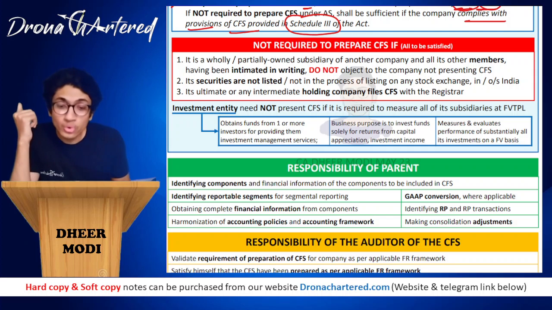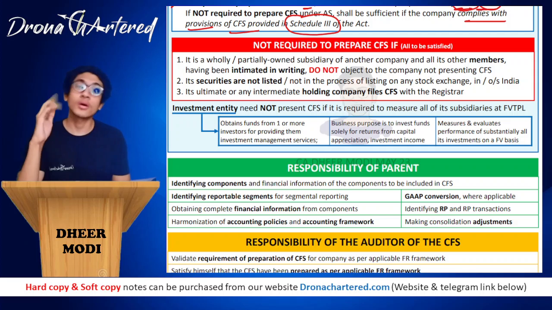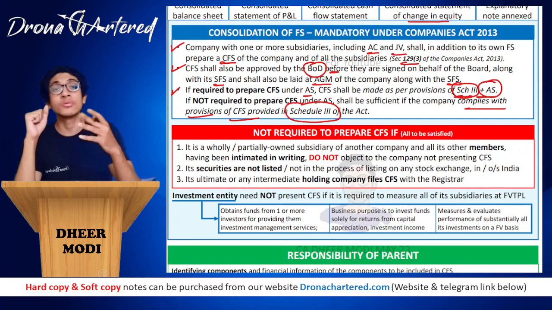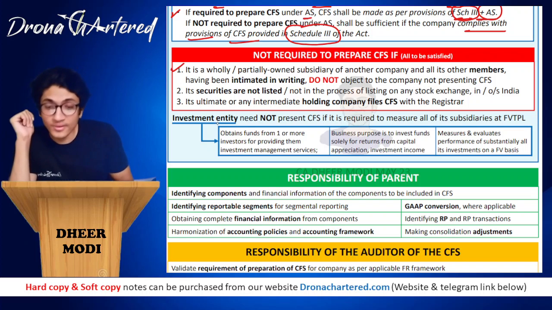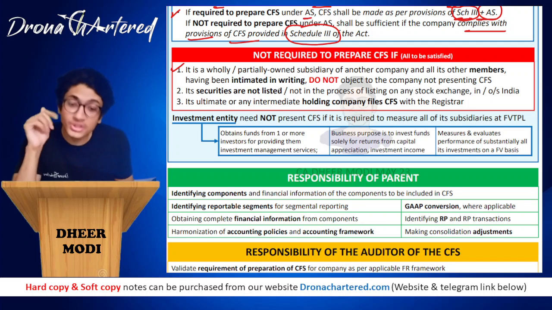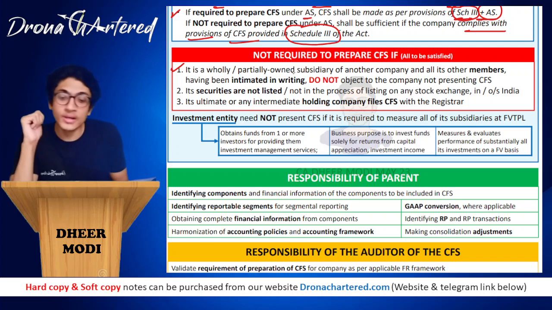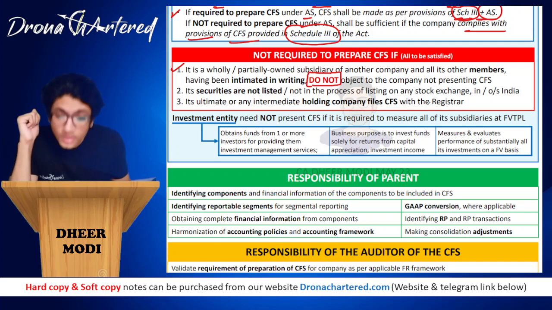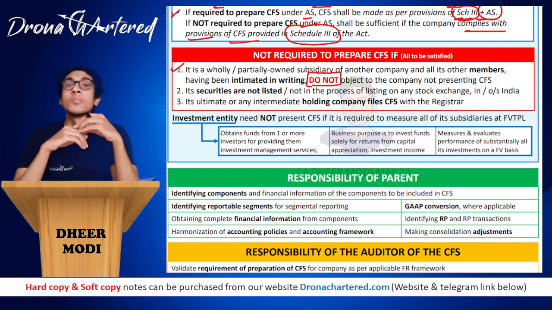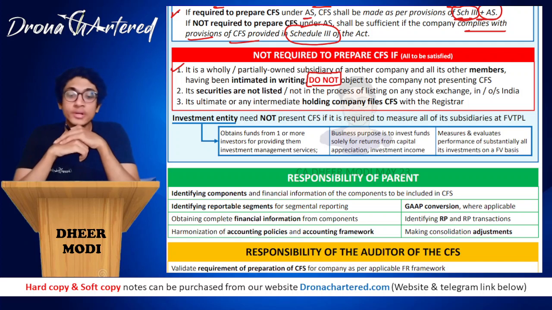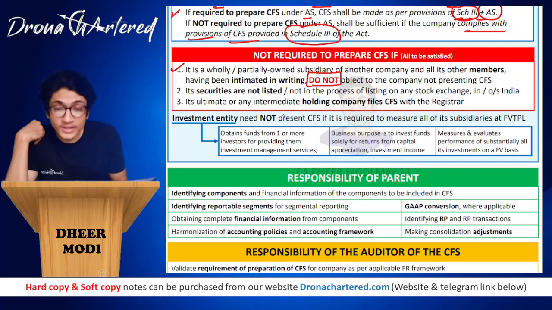That means you do not have to prepare CFS even if you have an associate, joint venture or subsidiary, but you will be exempt if, first of all, it is a wholly or partially owned subsidiary, either 100% or less than 100% owned subsidiary of another company, and all its members having been intimated in writing do not object to the company not presenting CFS.